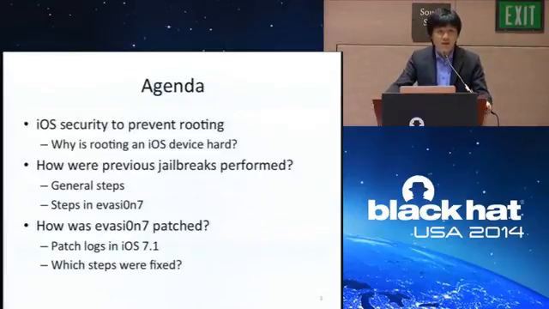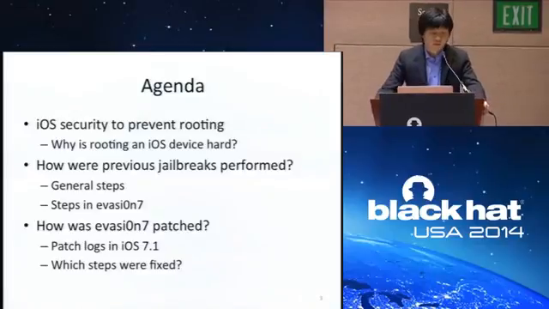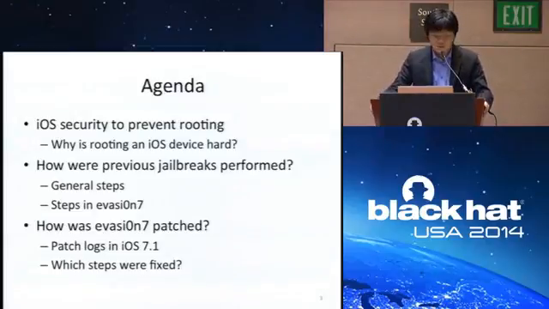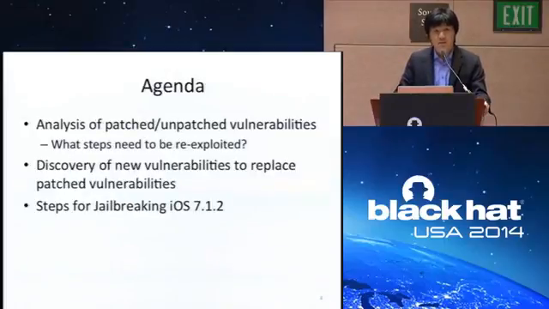And then we are going to analyze in detail the Evasion 7 jailbreak. From there, we will look at how Apple patched the Evasion 7 jailbreak by looking at the patch logs in iOS 7.1. From there, we can figure out which vulnerabilities have been patched. With that, we can also deduce which vulnerabilities are unpatched.